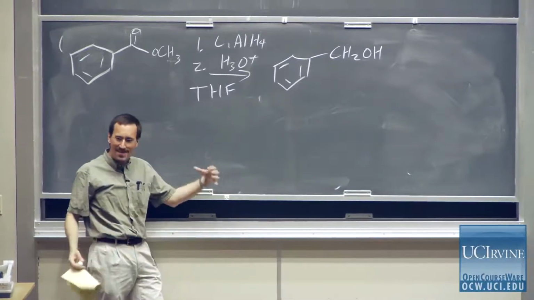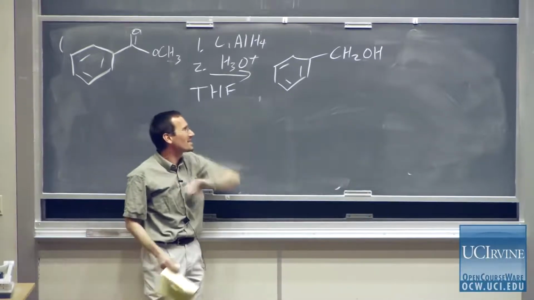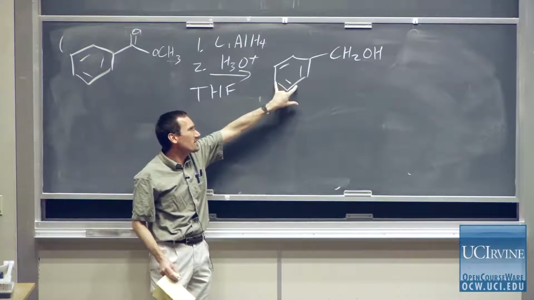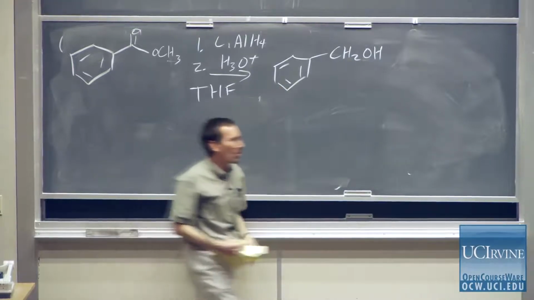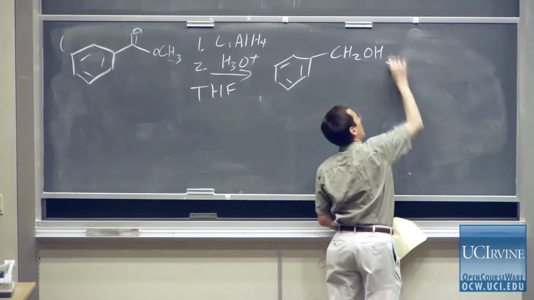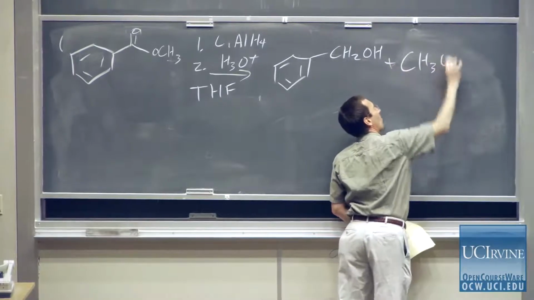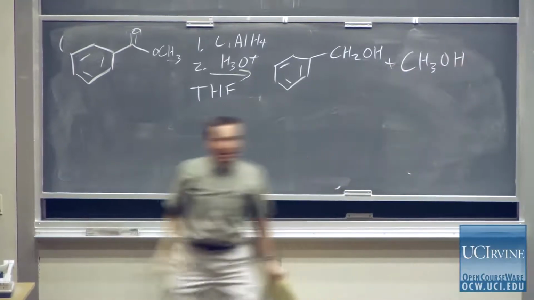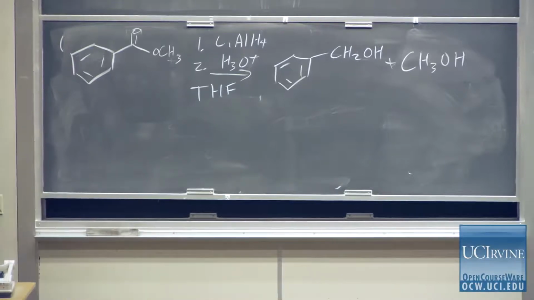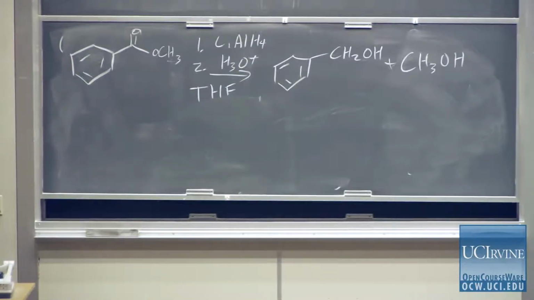Your organic chemist is typically focused on the big stuff, but I'm going to write this product, benzyl alcohol, and the other organic product, methyl alcohol, methanol. And collectively, these two constitute the organic products of the reaction.